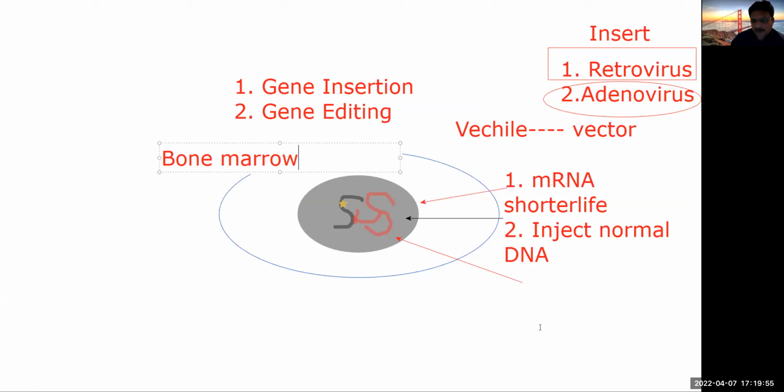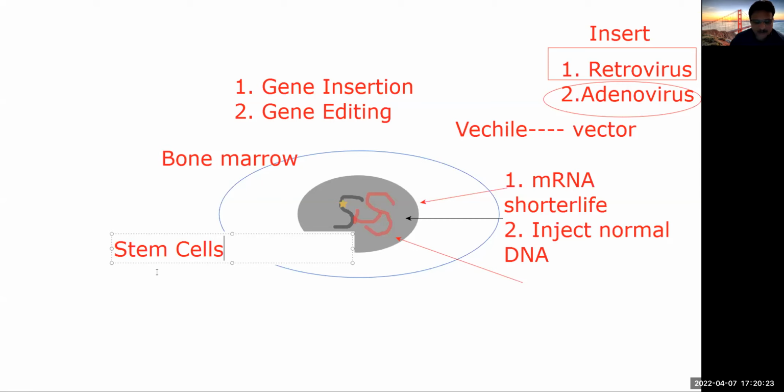The other strategy would be to use stem cells. Get the patient's bone marrow, extract the stem cells, rectify the mutation in the stem cells, and then put them back.